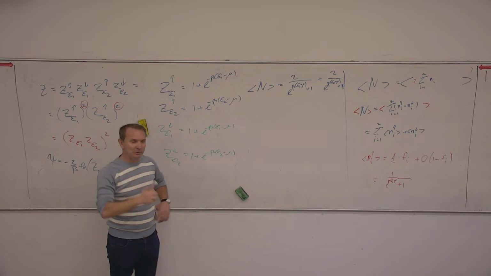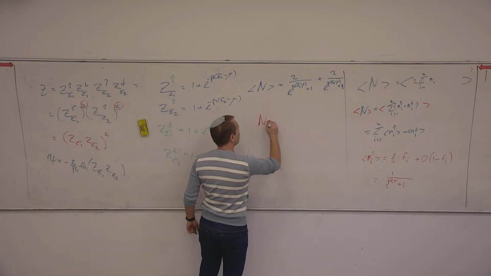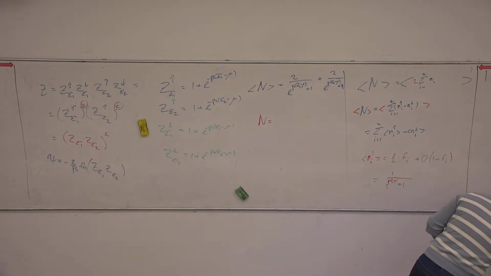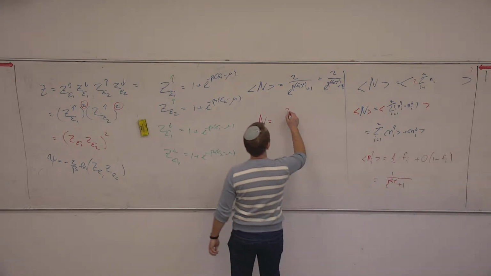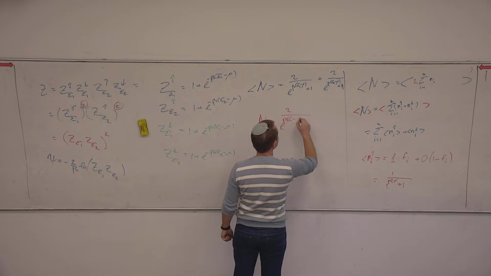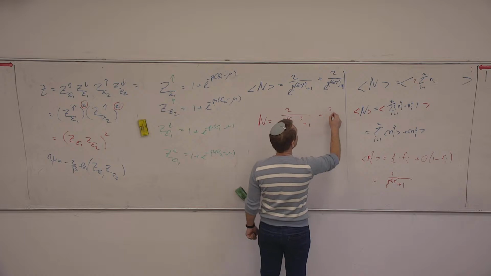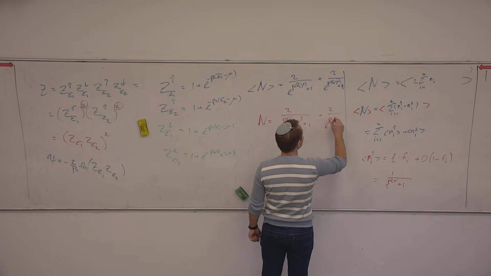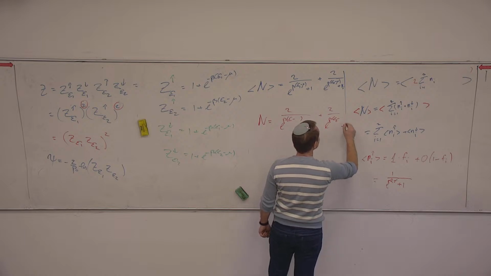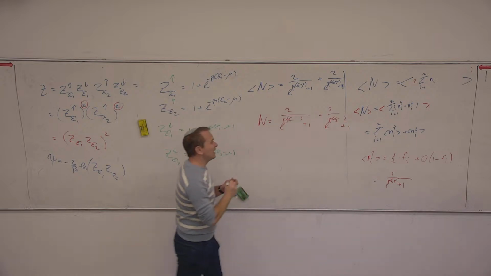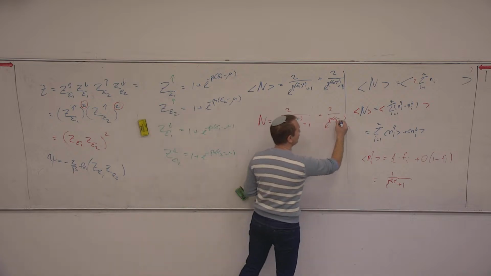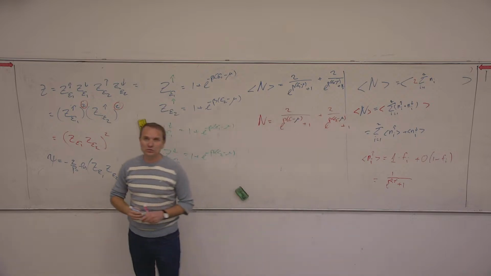This is a controlled parameter. This is n, and this n is equal to 2 divided by e to the power beta epsilon 1 minus mu plus 1, plus 2 divided by e to the power beta epsilon 2 minus mu plus 1. And here we plug in something that we now wish to find and are not controlling.